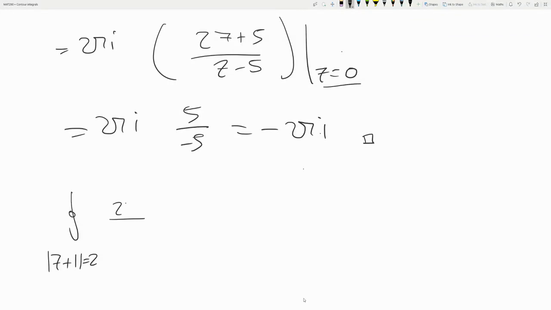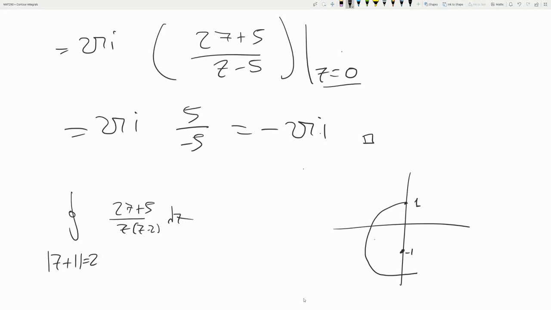Okay. Again, you have to find the poles. So what is it? We are at minus 1, and it goes up to 1. So, sorry, a small correction. This is minus 1. Let me fix it.